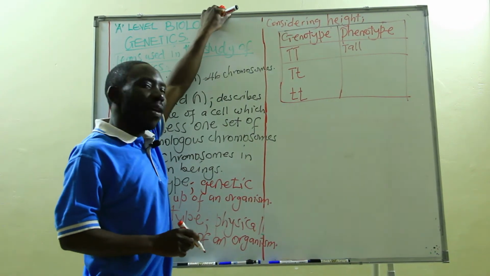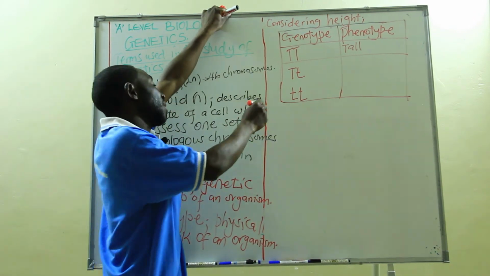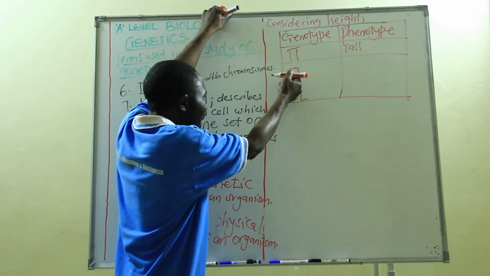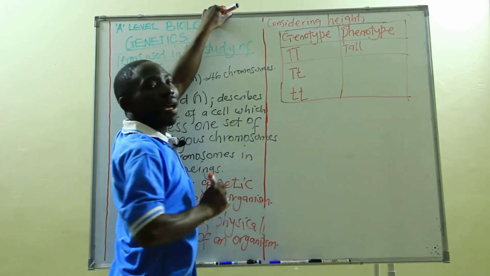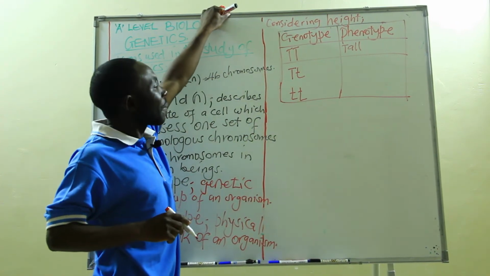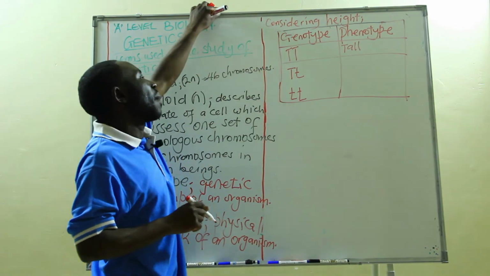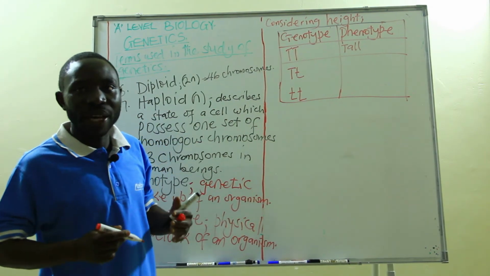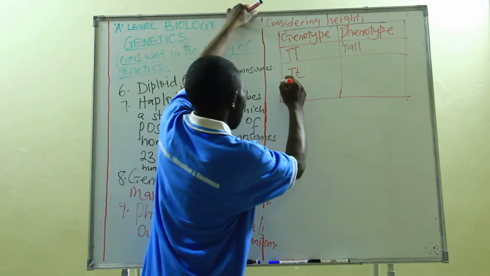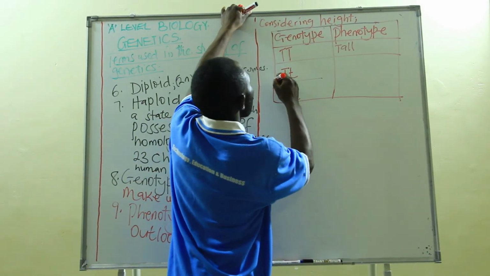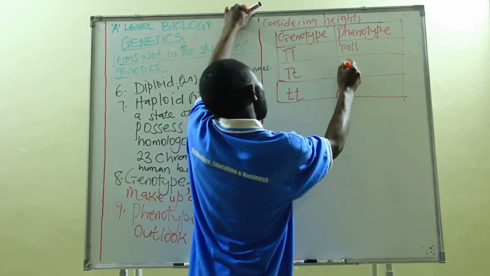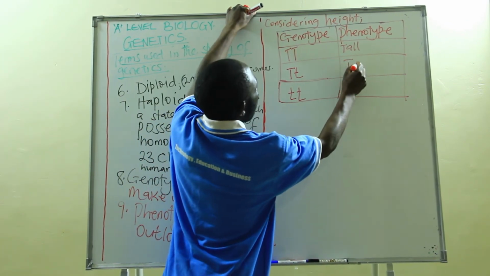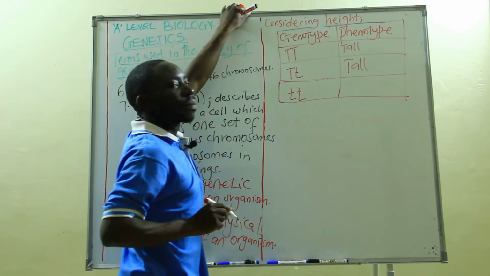If we have another individual which has a genotype comprising of the dominant allele, capital T, and the small allele, small t, we say that organism is heterozygous. Then, phenotypically, this individual is also tall.